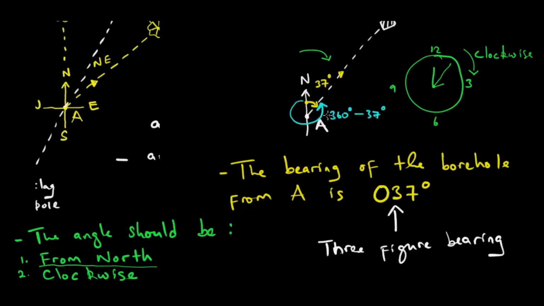Alright, to solidify matsvagiro atinoita this 3-figure bearing, let us consider the flagpole. So flagpole yange yakamira sei? A, north, then kunoko ndokwanga kuine flagpole, and taona kuti this one is not exactly southwest.